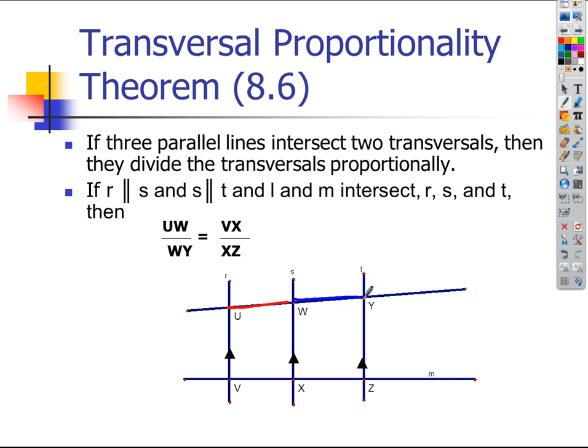So sort of like the left to the right segments on top would have to be proportional to the left divided by the right segments on the bottom. Okay? So that's another thing.